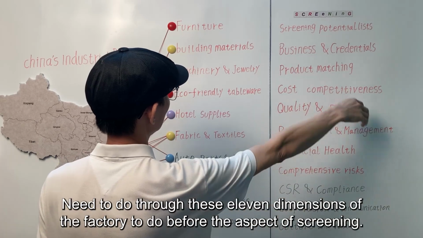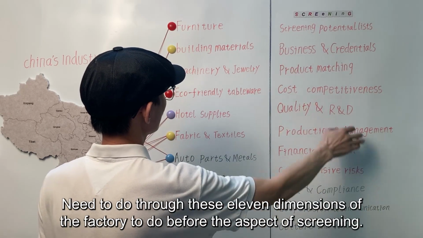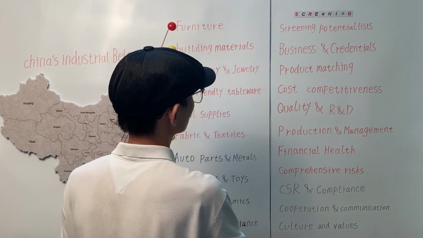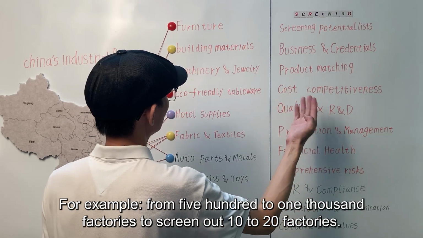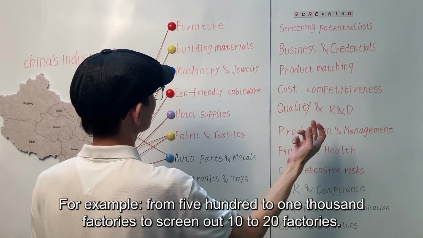We need to do the screening through these 11 dimensions of the factory. For example, from 500 to 1,000 factories to screen out 10 to 20 factories.